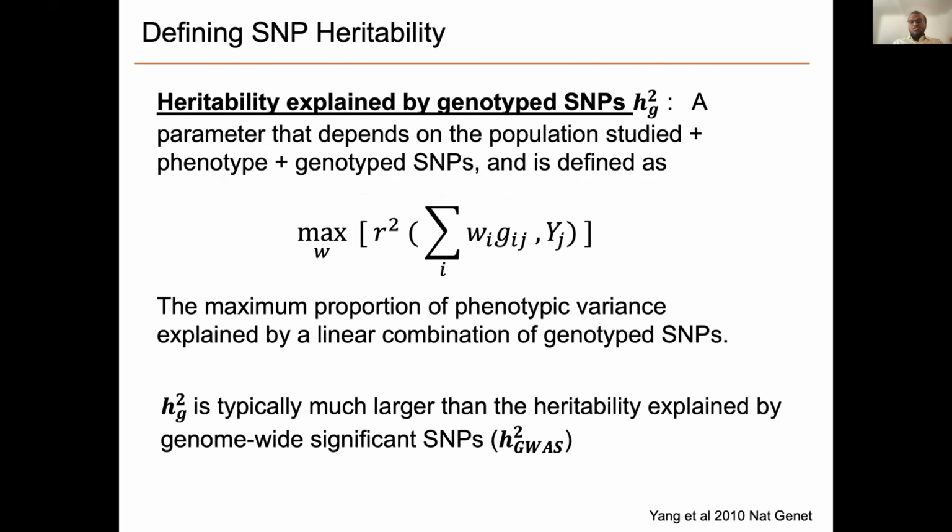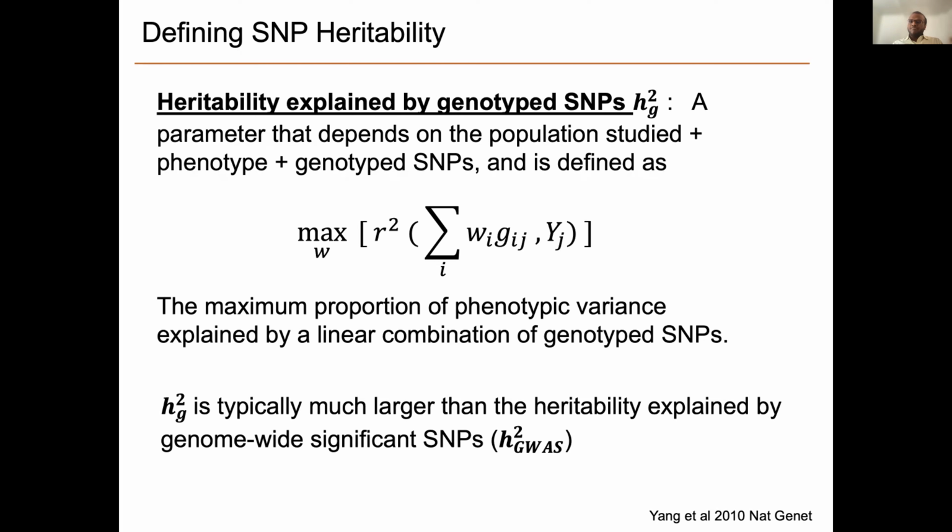You can also define a similar quantity called h_GWAS², where you restrict yourself to variants that are genome-wide significant instead of looking at all the variants in your assay. Now, ideally, what we would expect is that h_GWAS² is going to be pretty close to h_g². That would be the case if we were able to identify all the causal variants and if we had a large sample size for that matter.